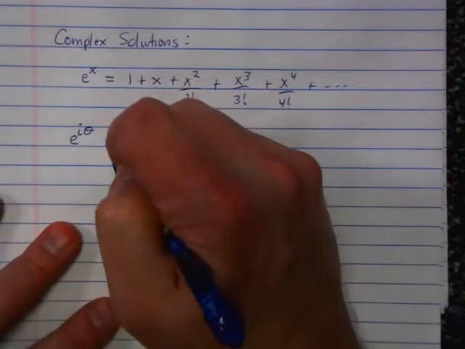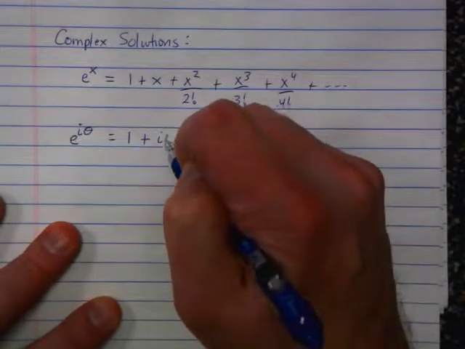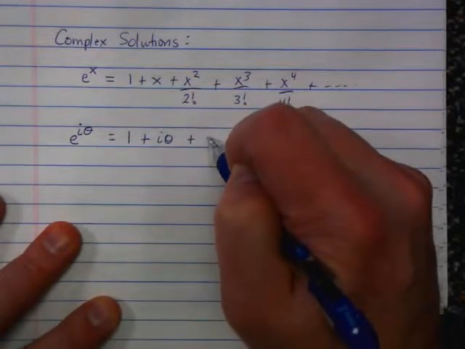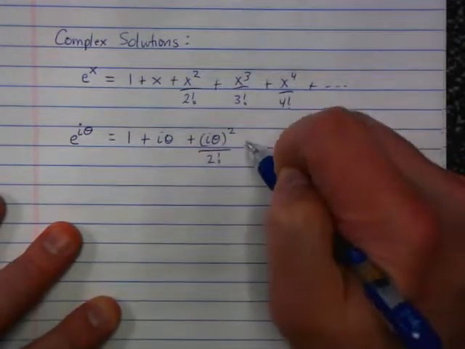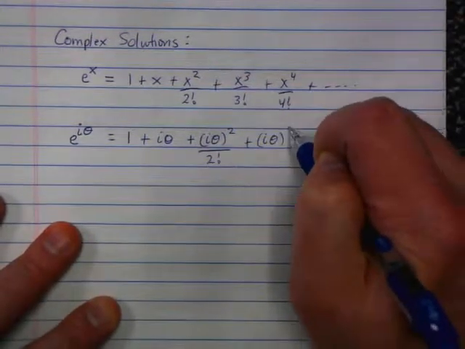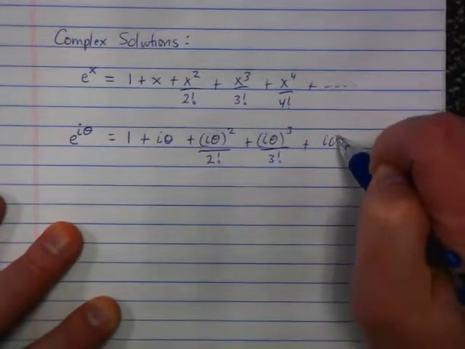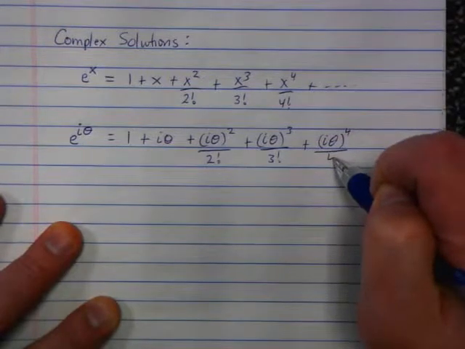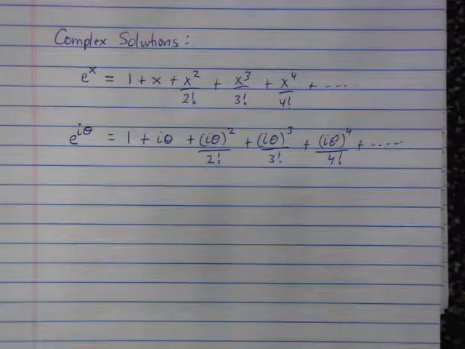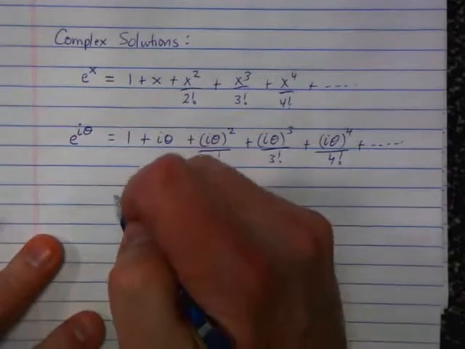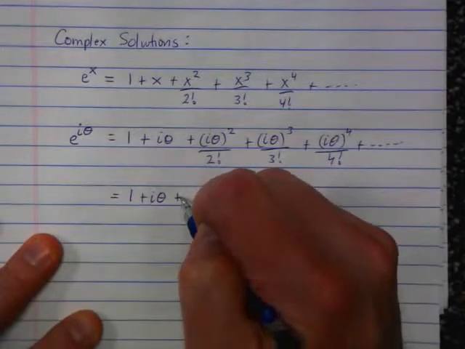And he ended up with 1 plus i theta plus i theta squared over 2 factorial plus i theta cubed over 3 factorial plus i theta to the 4th over 4 factorial, plus it goes on and on forever.